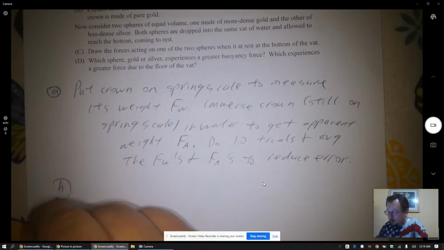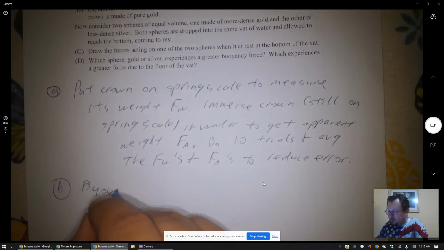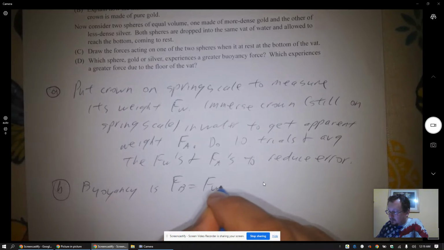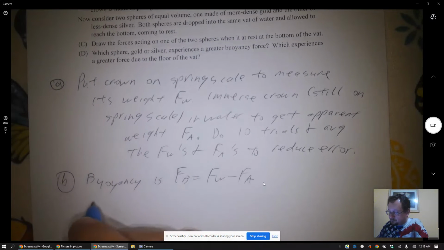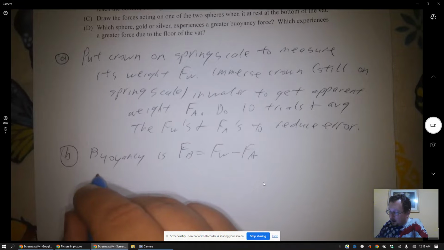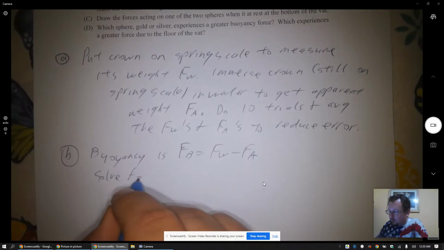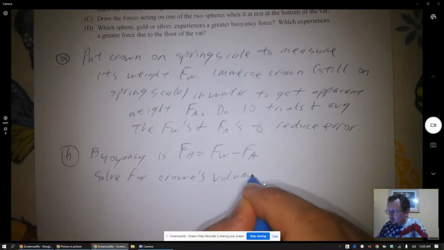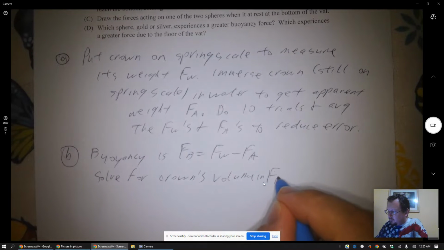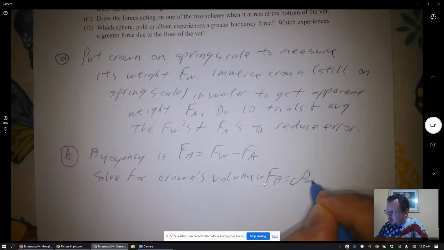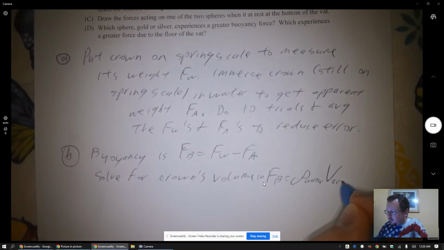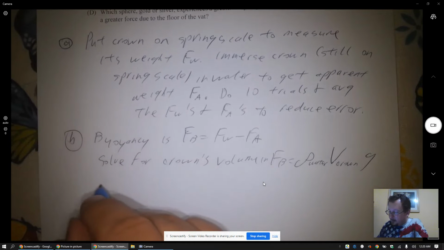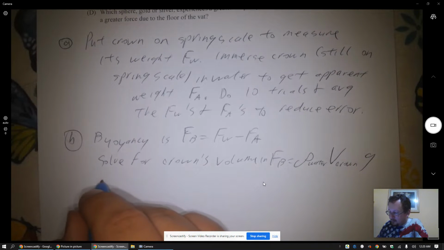Okay, so what are you going to do? I'm going to say the buoyancy is FB, which is the weight minus the apparent weight. Then solve for the crown's volume: force buoyancy equals density of the water times volume of the crown times gravity.